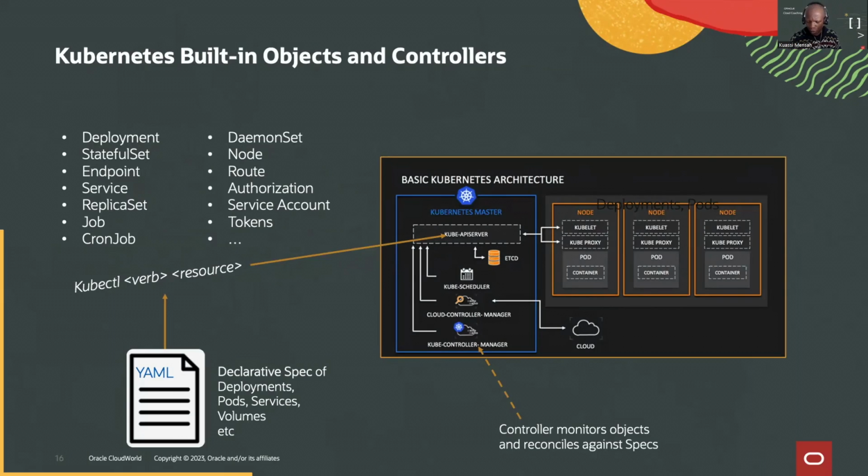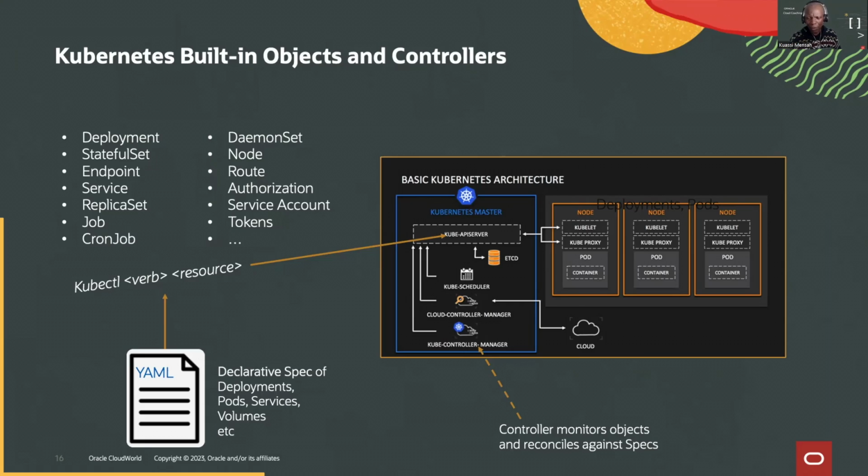One is the Kube API server, and you interact with the API server through a document called YAML. It's a human readable file where you specify what you want. You can say, I want 2 pods, and I want this service, and I want that service.